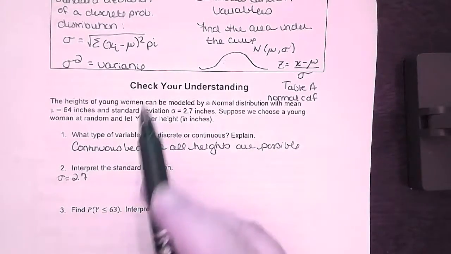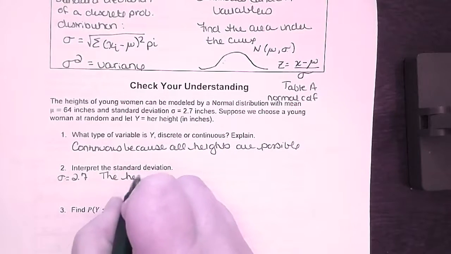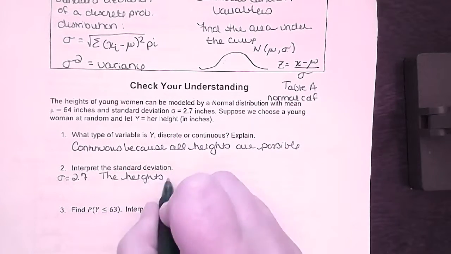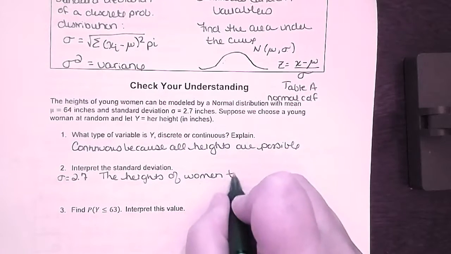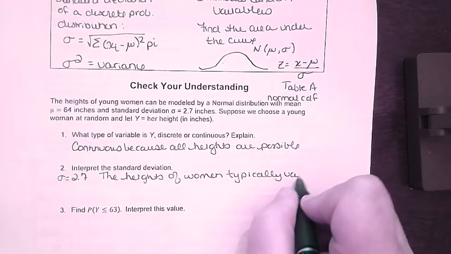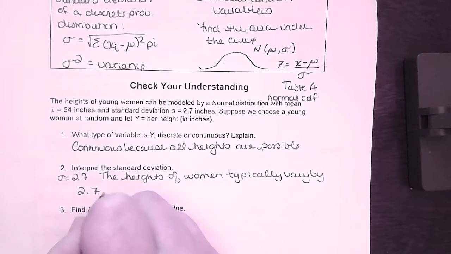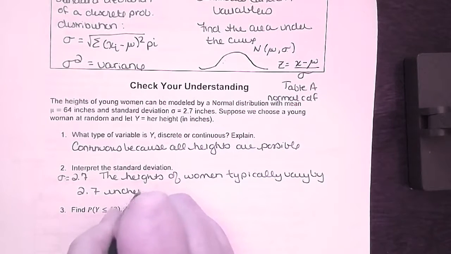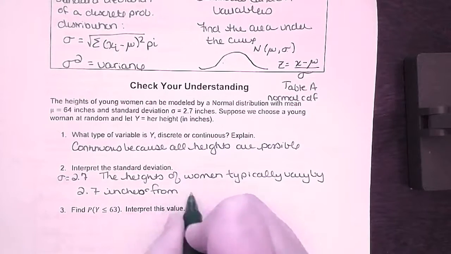Okay, so in words, the heights of women typically vary by 2.7 inches from the mean height.